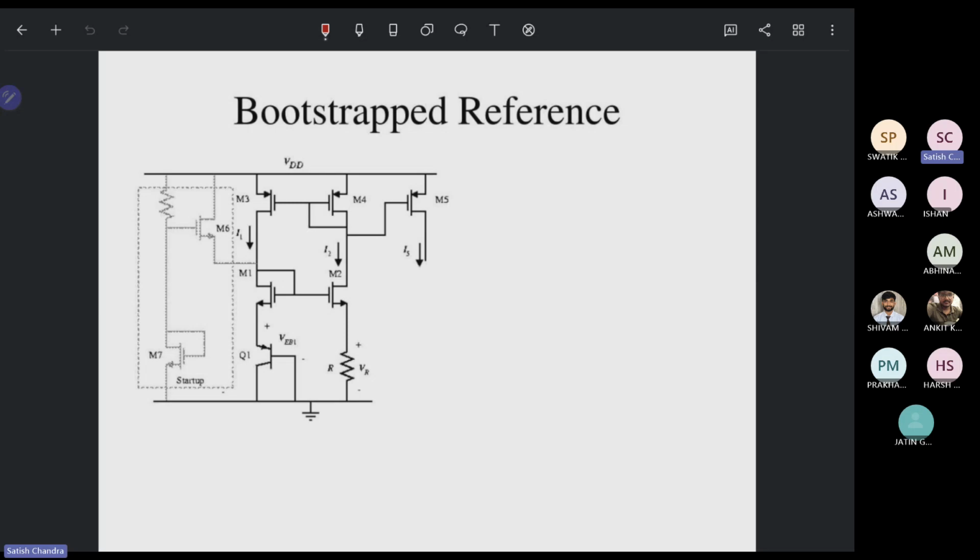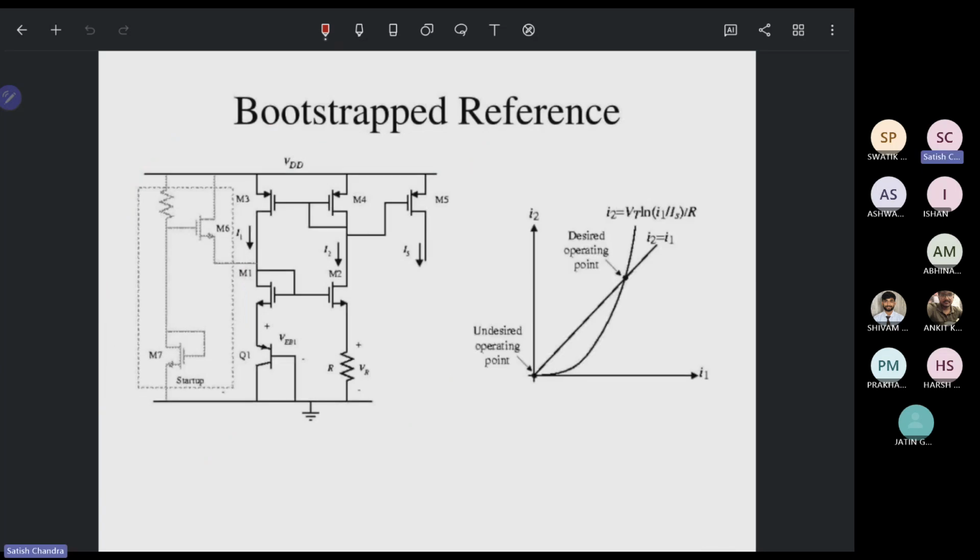Now for the bootstrap referencing, this is the part, and this will generate a current, and this current is going to be passed through another, this is the external circuit we are talking about. So now we can utilize that referencing anywhere.